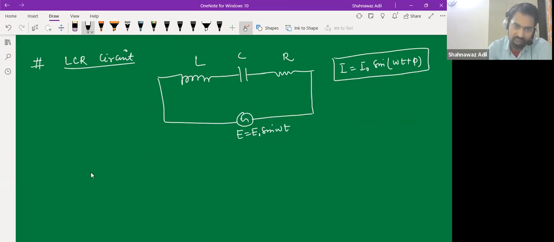This was the phasor diagram. So from the phasor diagram, we calculated the effective resistance, that was the impedance.